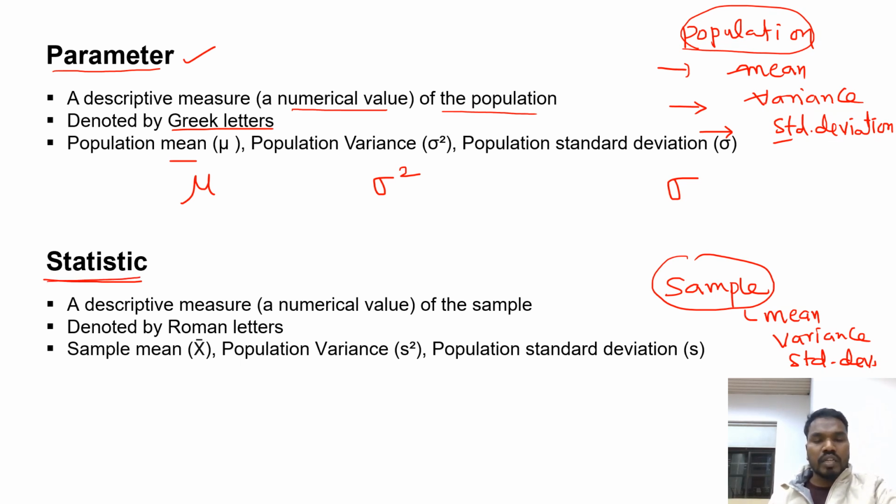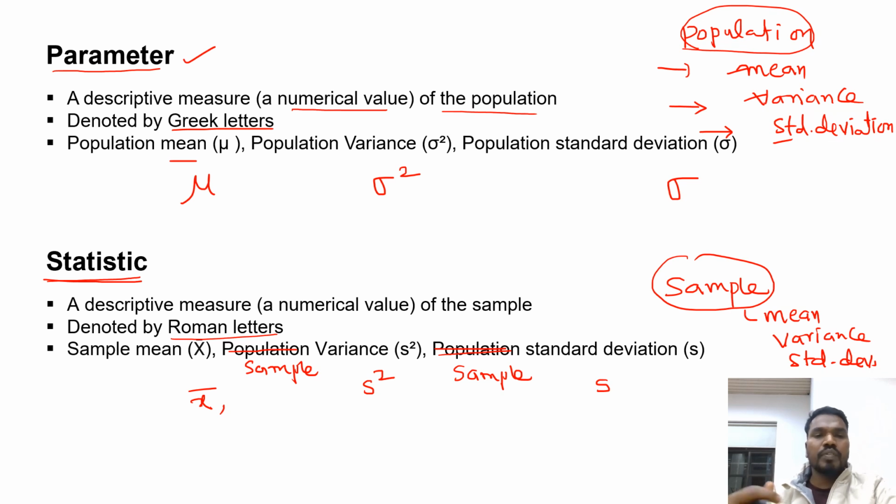Statistics are denoted with Roman letters. You see x bar, that is the sample mean. Sorry, the sample variance is denoted with s square. Again, sorry for this mistake. The sample standard deviation is denoted with s.